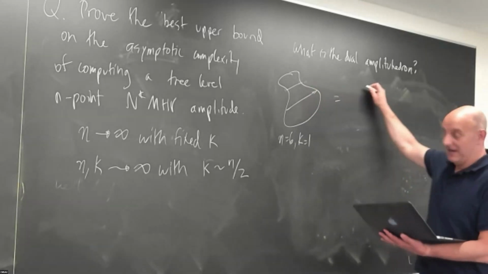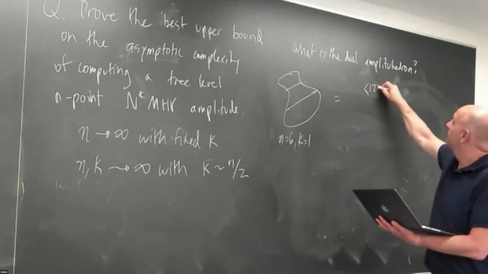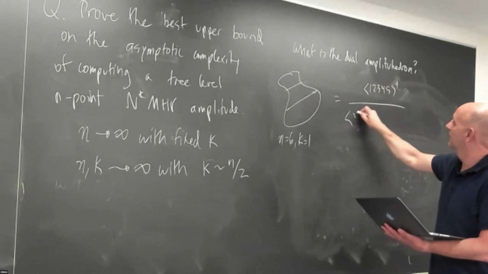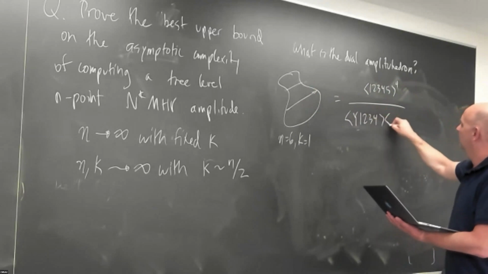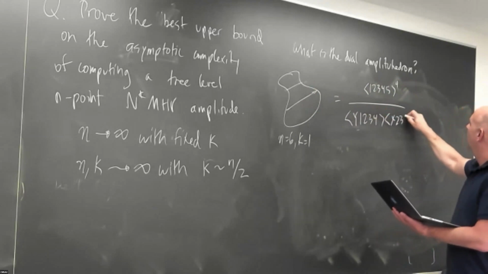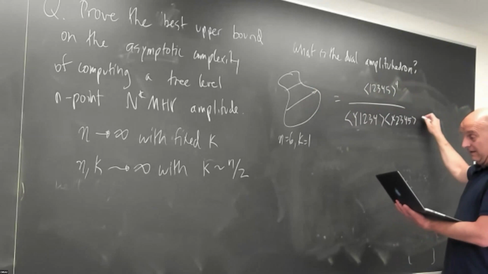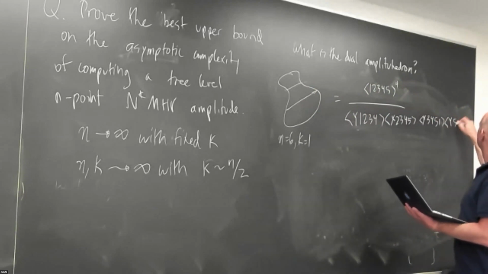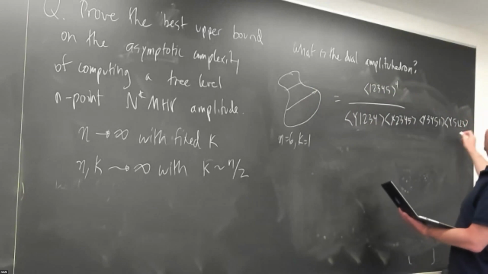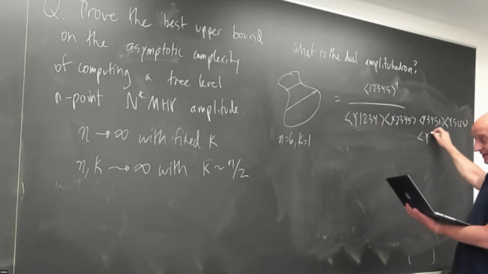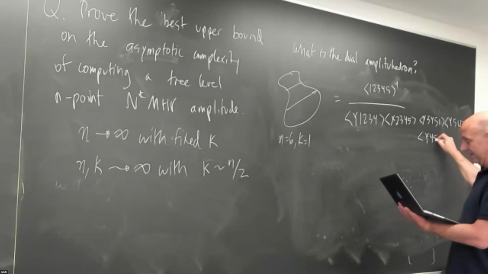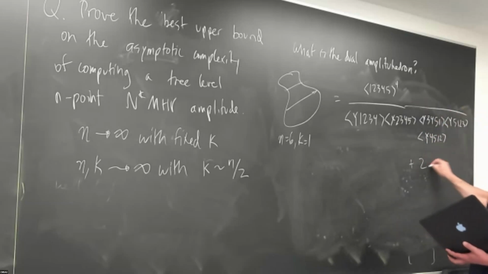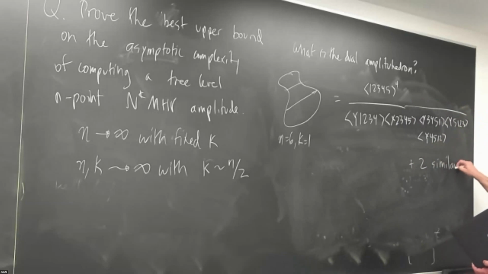So one expression might look something like, I should save time by using twistor coordinates. And I skipped one. Why? I want to get some formulas here. Which one would I take? 4, 5, 1, 2, plus 2 similar terms. Okay.